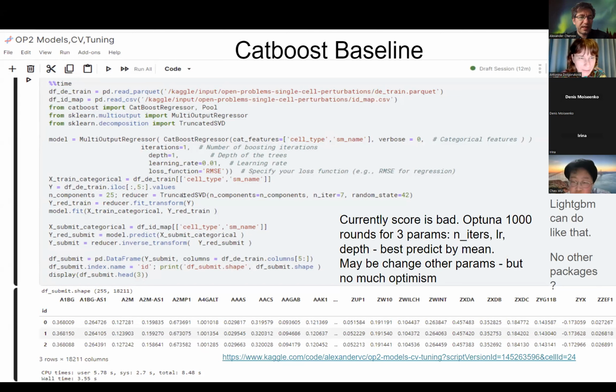SVD is more or less the same as PCA, for example. And how it works with inverse transform, in a sense, it fills the other components with zeros. If you put all the components and make inverse transform, you'll exactly find the initial matrix.